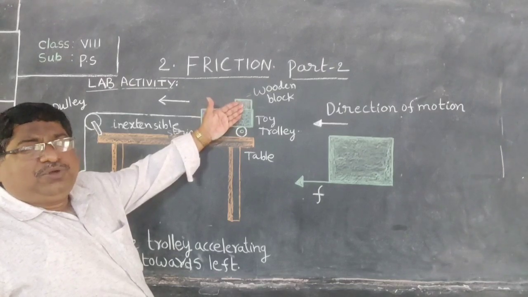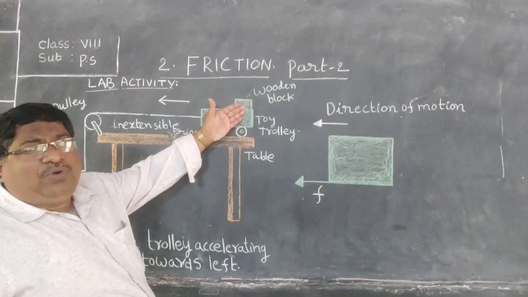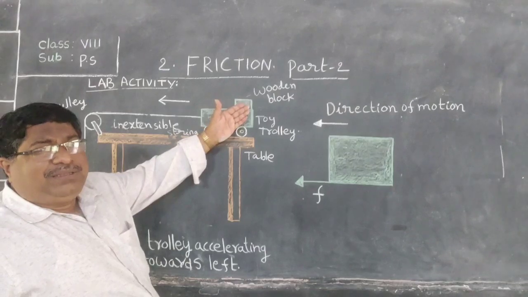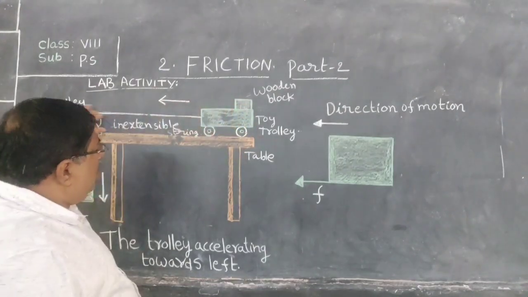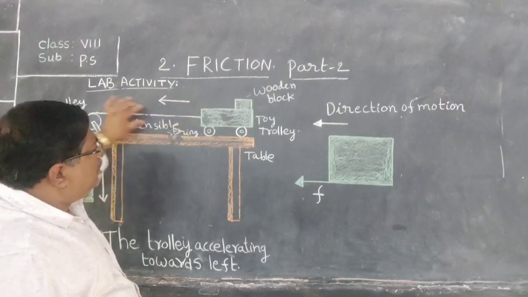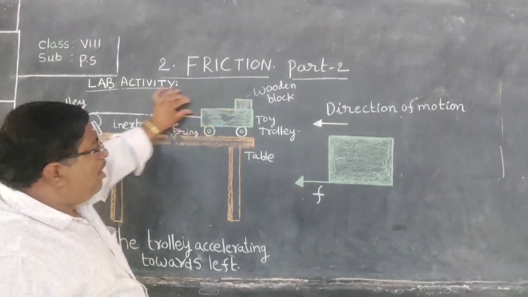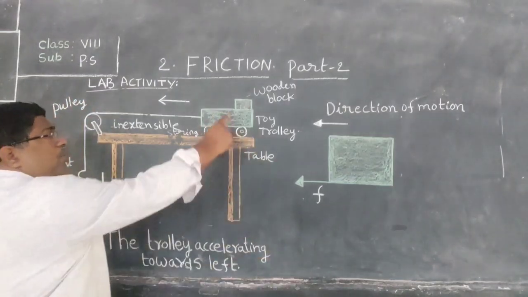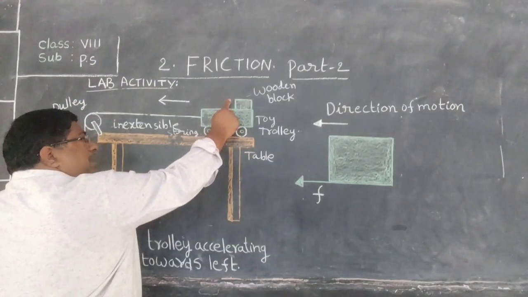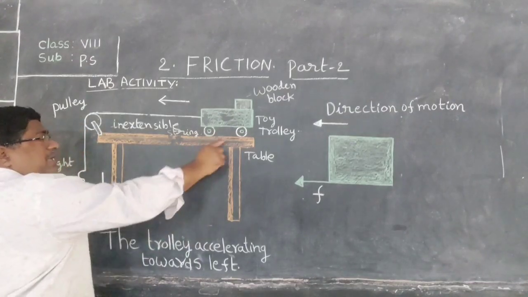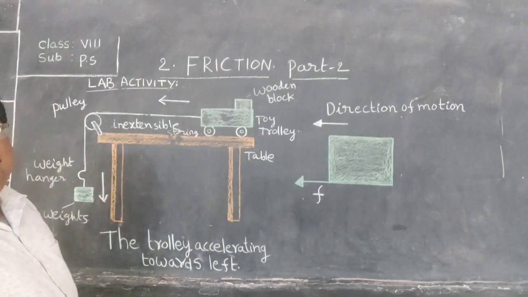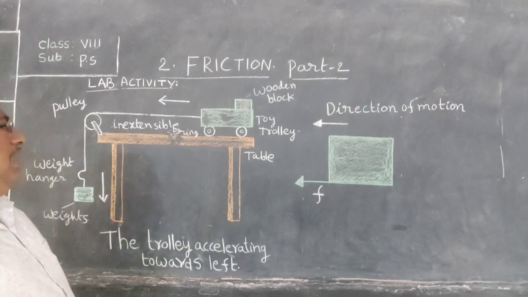Now the toy trolley is moving, and along with the toy trolley the wooden block is also moving. So the wooden block is in motion with respect to the surface of the table.